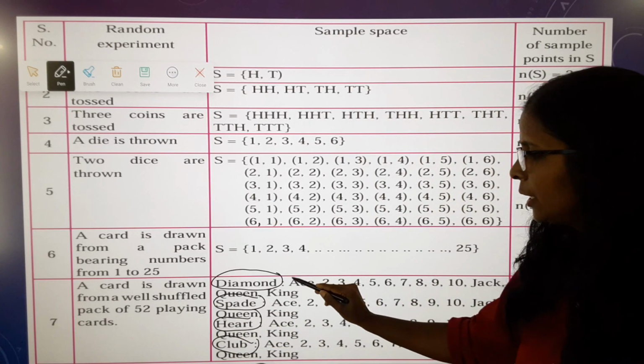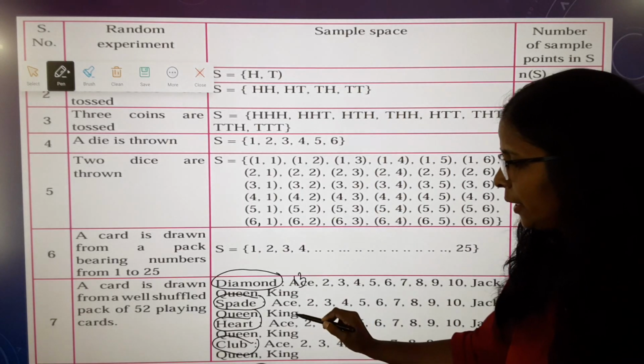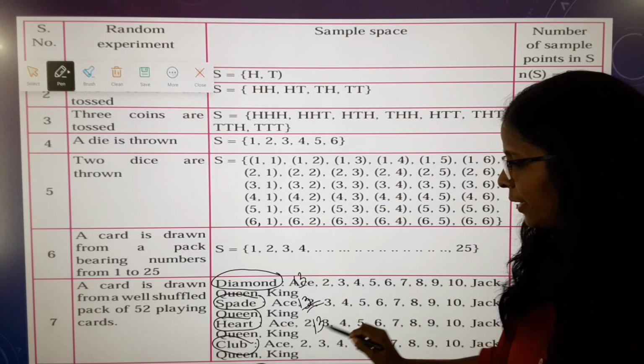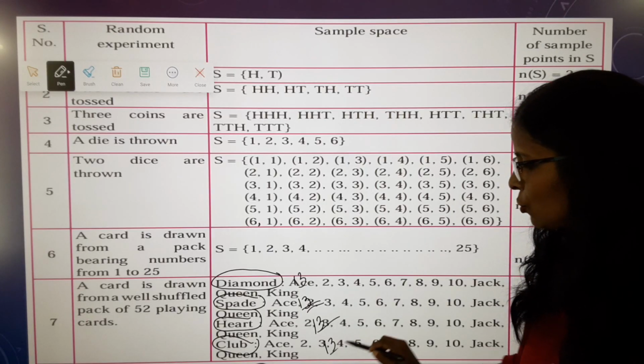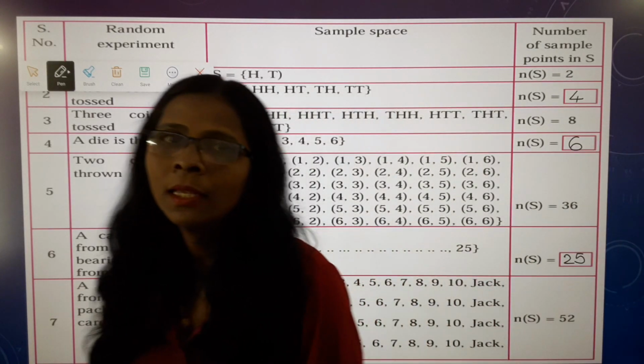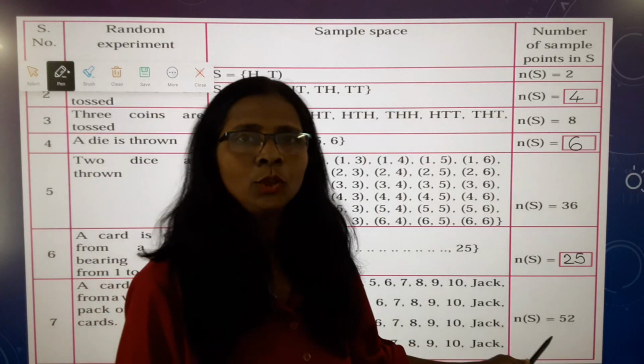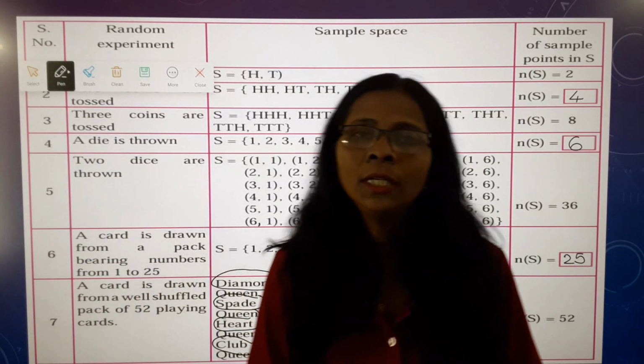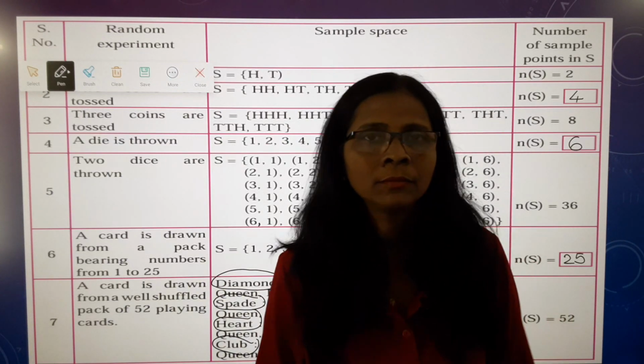We have 13 diamonds, 13 spades, 13 hearts and 13 clubs. So n(S) is equal to 52. These are the examples of the sample space.